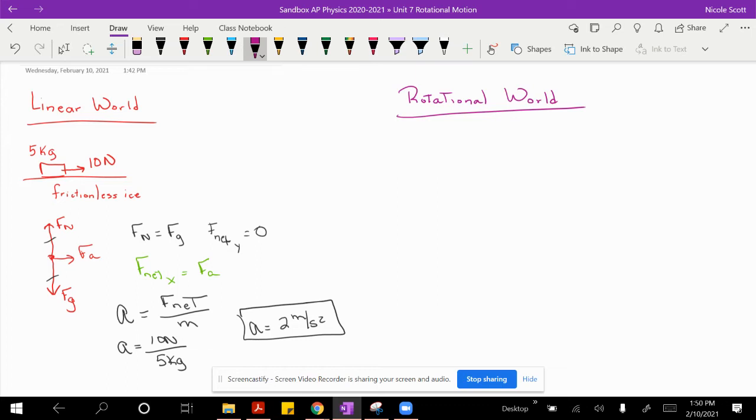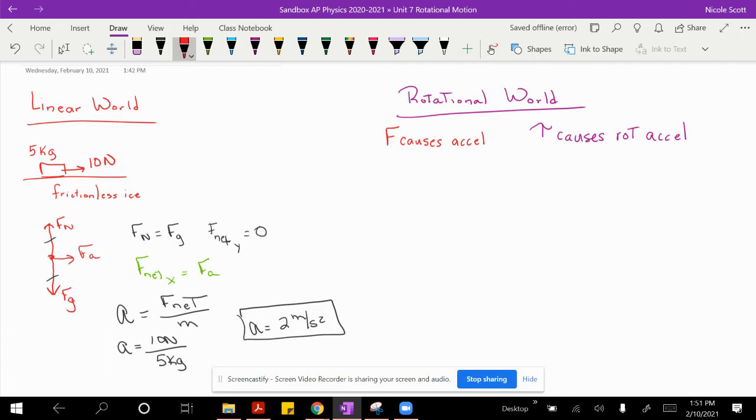It's okay. So in linear world, we say force causes acceleration. In the world of rotation, torque causes rotational acceleration.